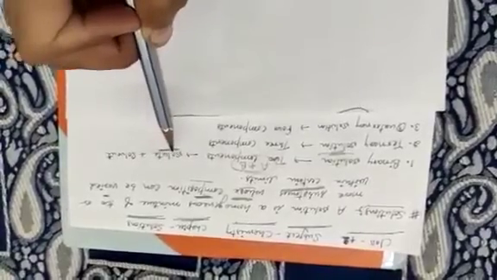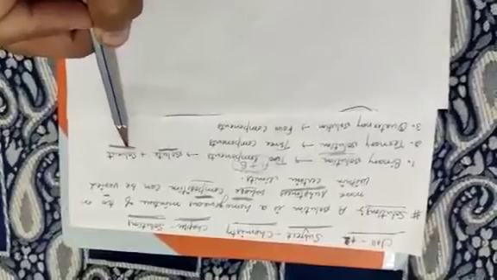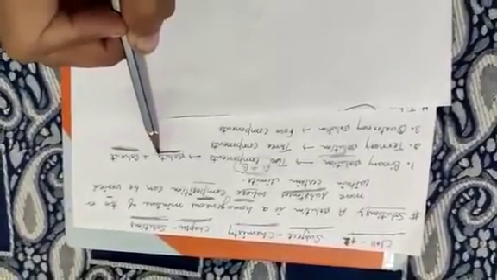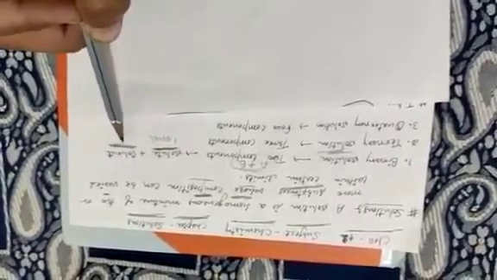And these two components are called solute and solvent. You know very well what is solute and what is solvent. Solute is the substance which is in lesser amount, and solvent is the one in largest amount.